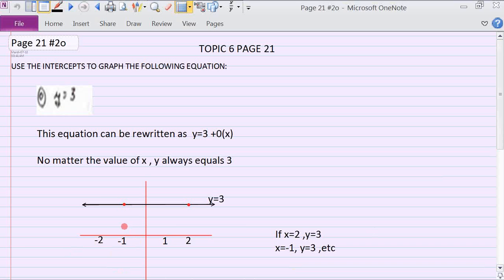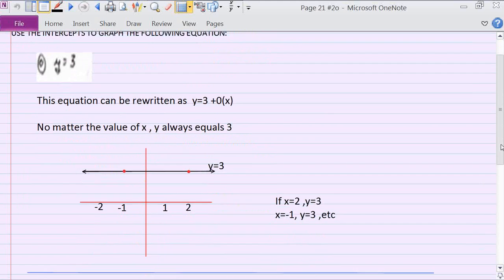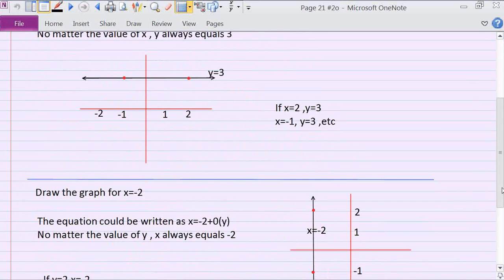Now you can understand that if this is y equals 3, y equals 2 would be underneath it right here. Y equals 1 would be underneath it here, and then you see that y equals 0 along the x-axis, which is something we've tried to stress in this topic.